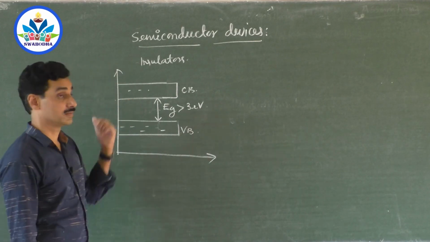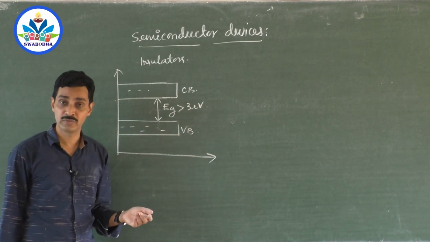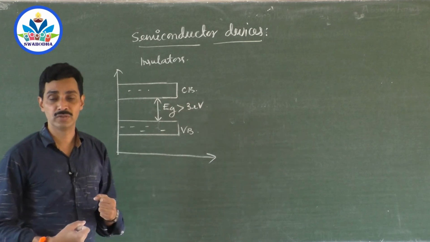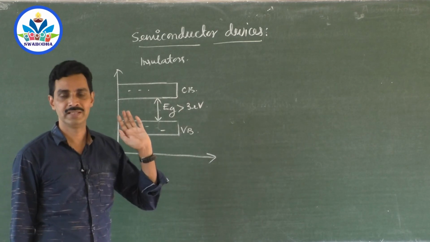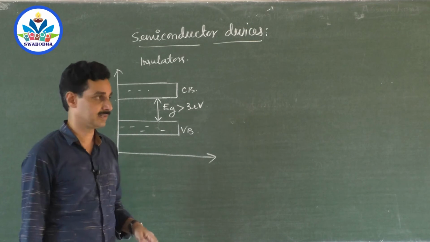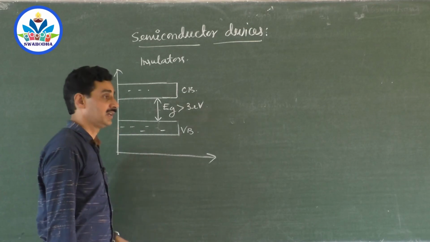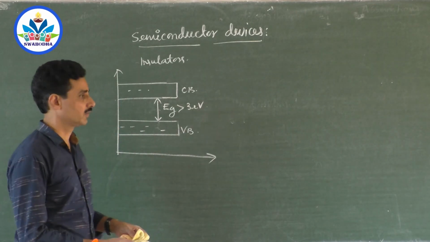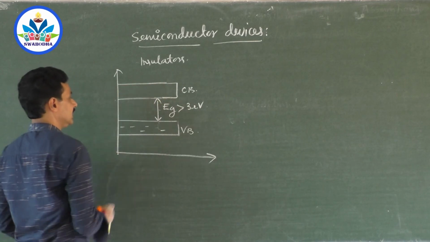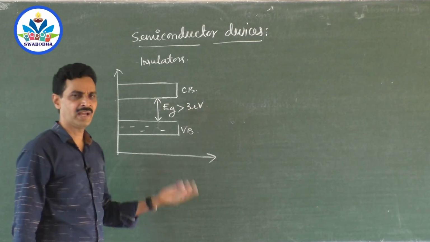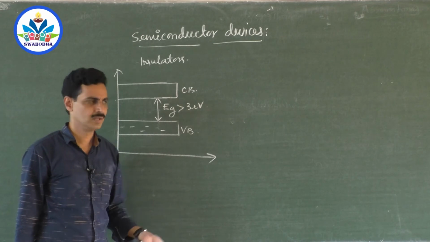They are free electrons. They are not taking part in any of the bonds. They are not bound to the nucleus so tightly, so they can move freely here and there, and they can conduct electricity. But in insulators, you can't produce such free electrons in any manner, even by supplying energy in the form of light or heat or any source.